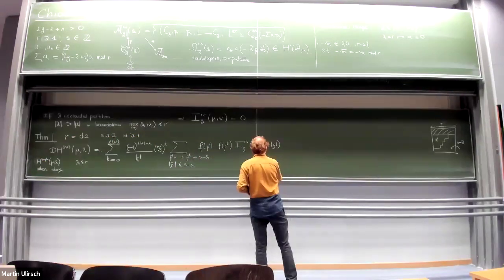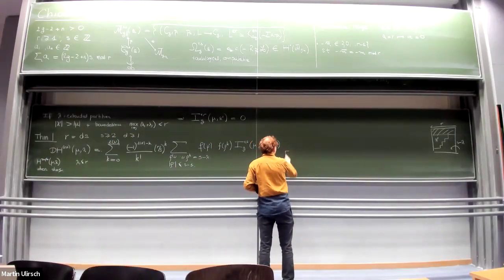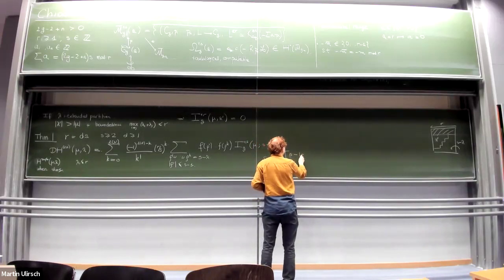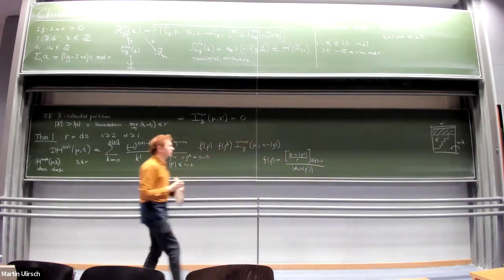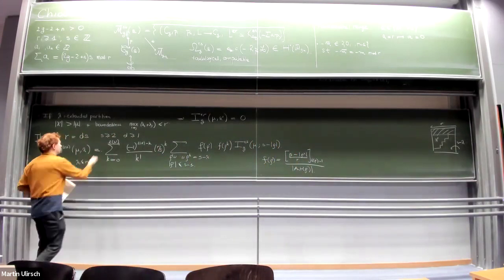And F of row is a Pochhammer symbol, the rising factorial. And then remember more. It doesn't matter so much. And there's going to come another time.